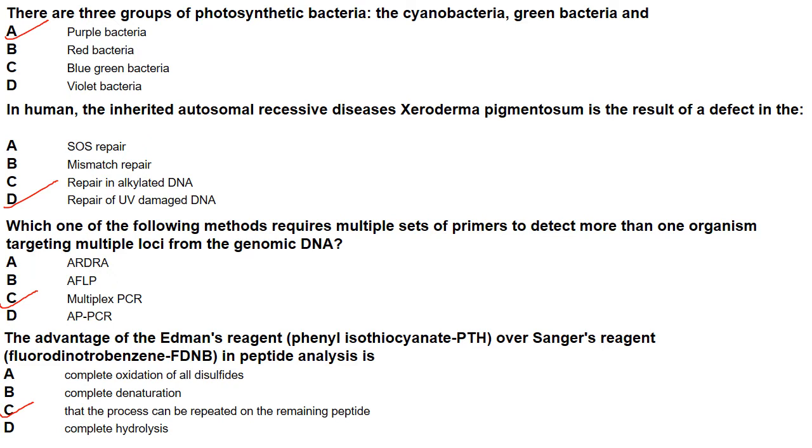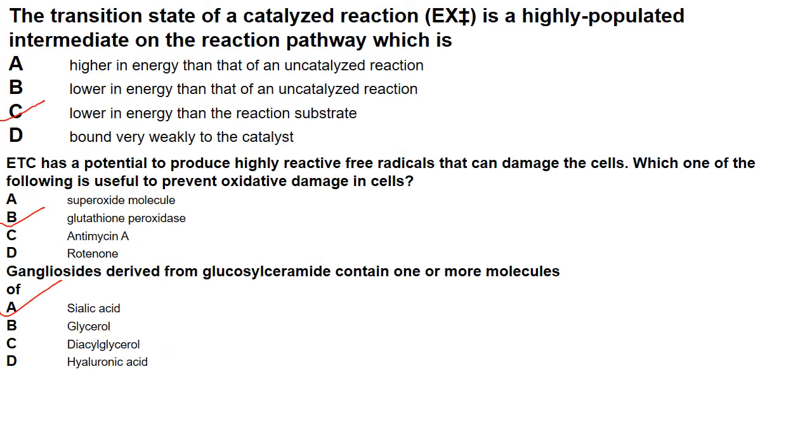That is the advantage of Edman degradation over Sanger's reagent. Answer is option C. Then the transition state of a catalyzed reaction is a highly populated intermediate of the reaction pathway which is lower in energy than the reaction substrate.